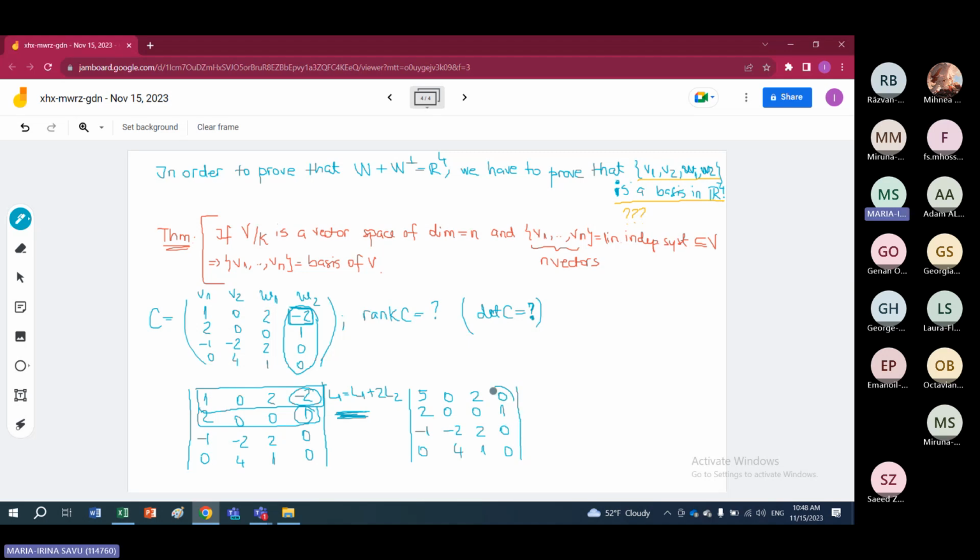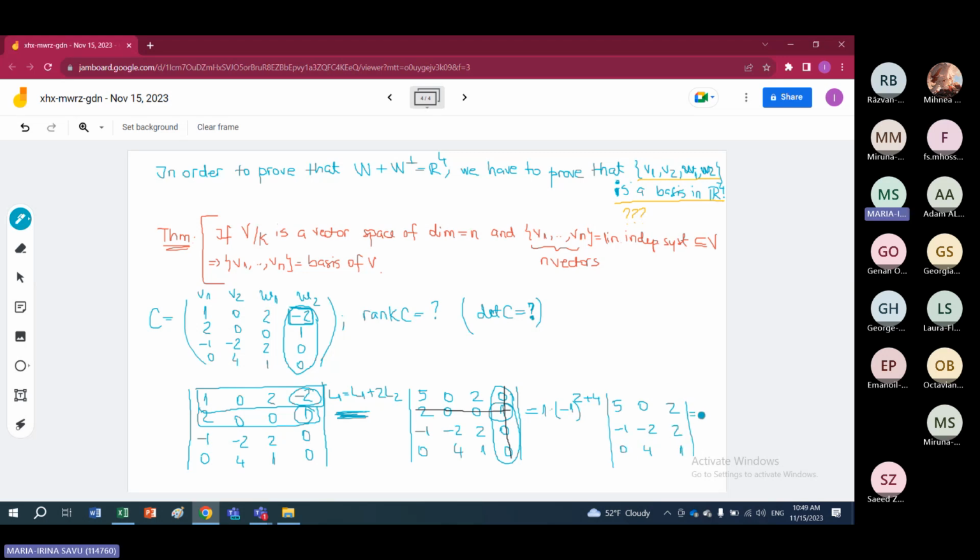So you take this one, which contains only 1, so you have 1 times -1, at line number 2 and column number 4, times, and now you cut this line and column 4. So 5, 2, -1, -2, 4.